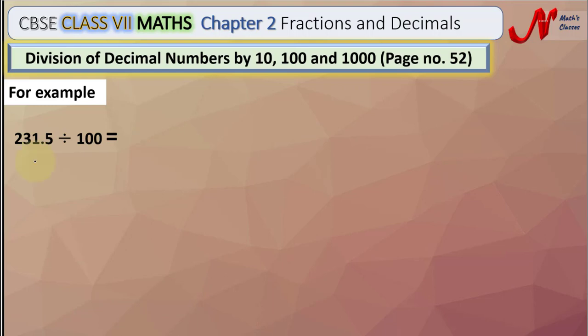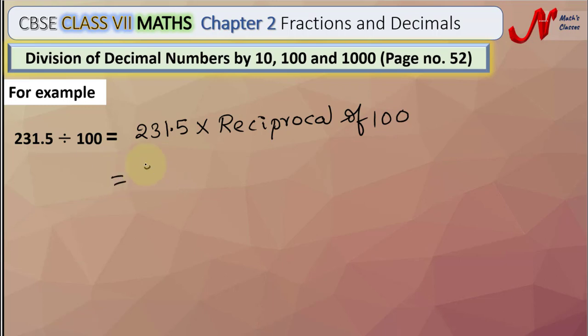Now we divide 231.5 by 100, so it can be written as 231.5 into reciprocal of 100, which can be written as 2315 by 10 into reciprocal of 100, which means 1 by 100.